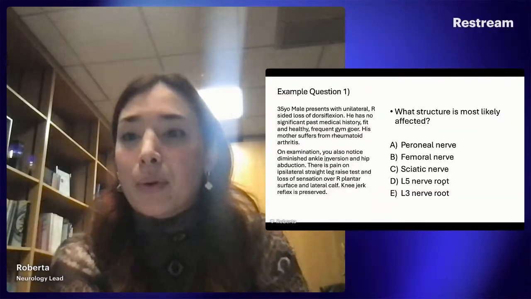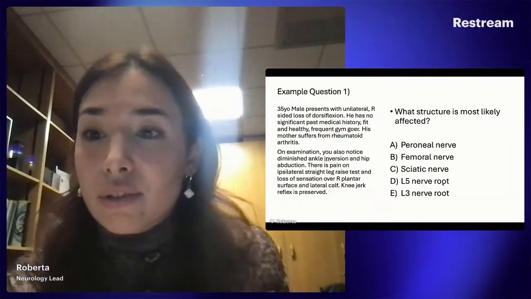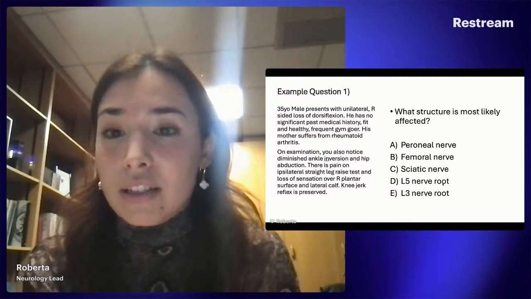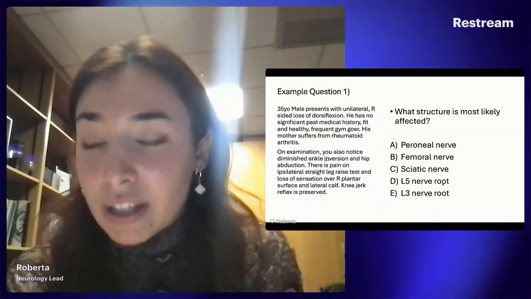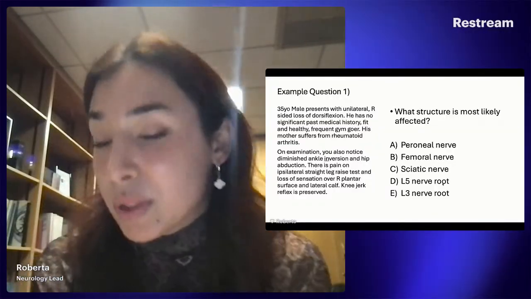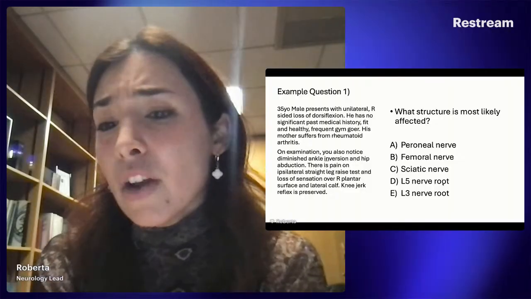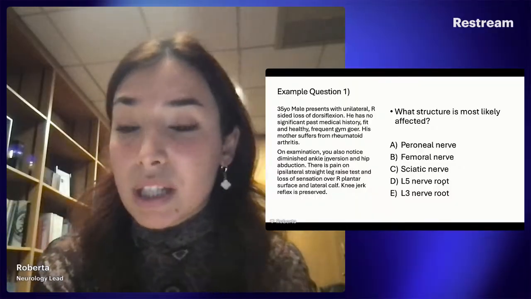So this is an example question. We have a 35-year-old male who presents with unilateral right-sided loss of dorsiflexion. He has no significant past medical history. He's otherwise fit and healthy. He's a frequent gym goer. His mother suffers from rheumatoid arthritis. On examination, you notice diminished ankle inversion and hip abduction.